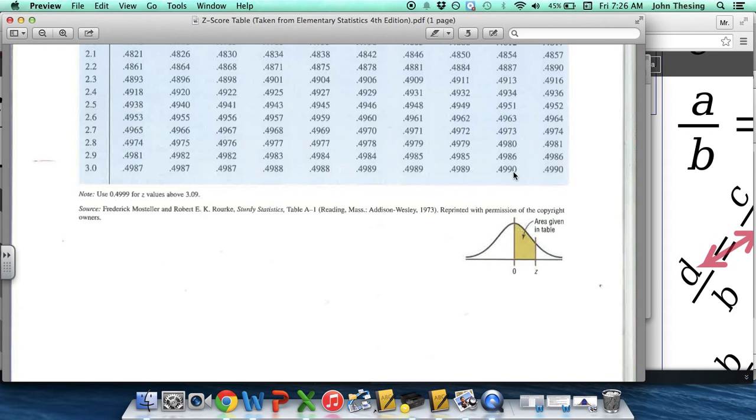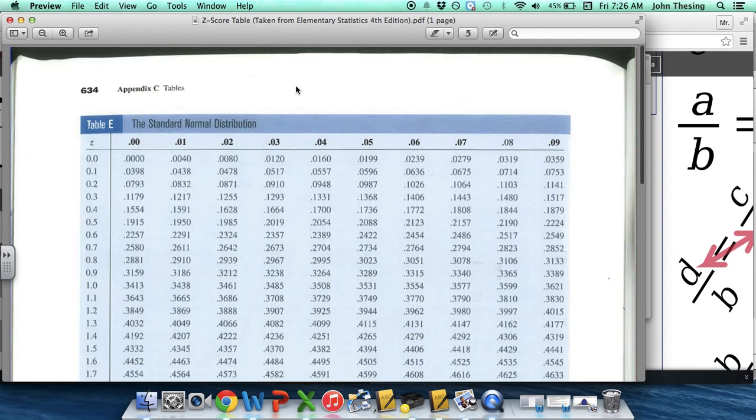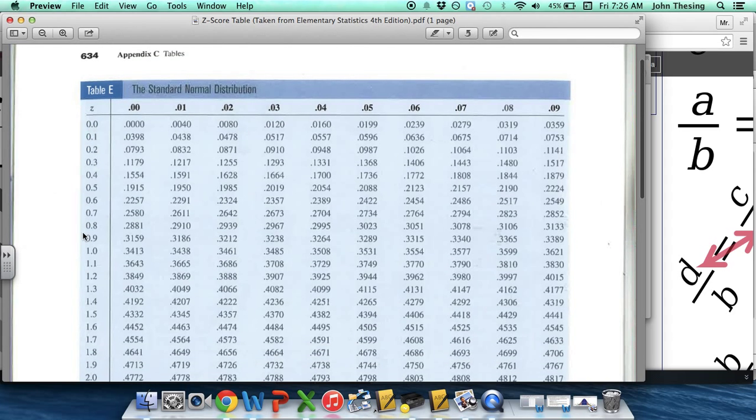So we need to look this up in a table, and I'm going to show you how to do that right now. If your z-score is 1.52, then you're going to have to use this table, and this table's on the TaskStream page. So I would recommend pulling this up and looking at it after you go over this video. Here's how this works. Right here is the first part of your z-score, and this is the second part of your z-score, this little thing up here.